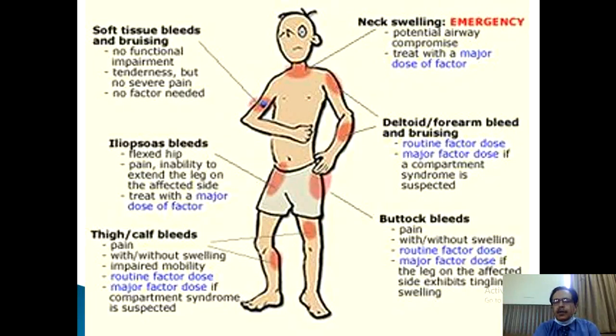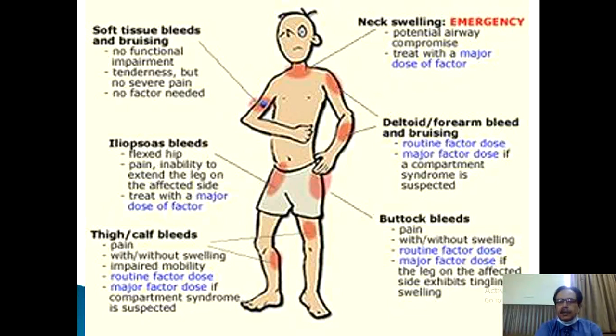Now in the whole body, I mentioned earlier that it depends on which side of the body is affected. At the top is airway obstruction because of bleeding, right? So then you have to treat with a major dose of the factor.